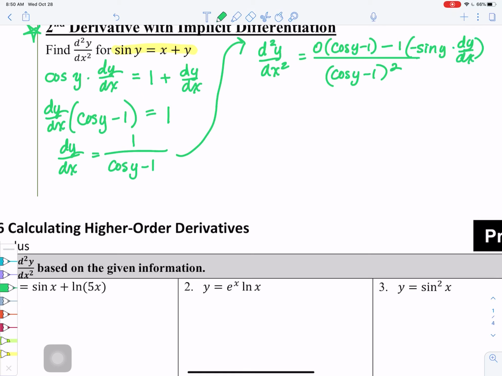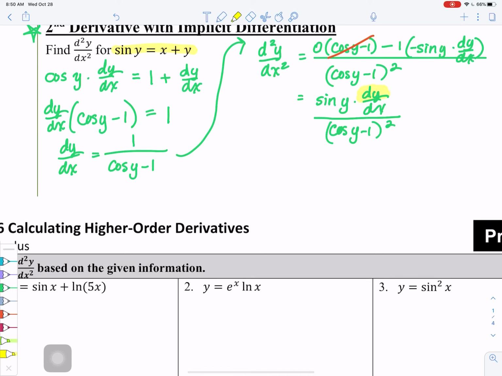Now, we are going to simplify this, and then I'm going to talk to you about what to do. So that's equal to the sine of y multiplied by dy/dx all over the cosine of y minus 1 all squared. Now I want you to take a look at this.